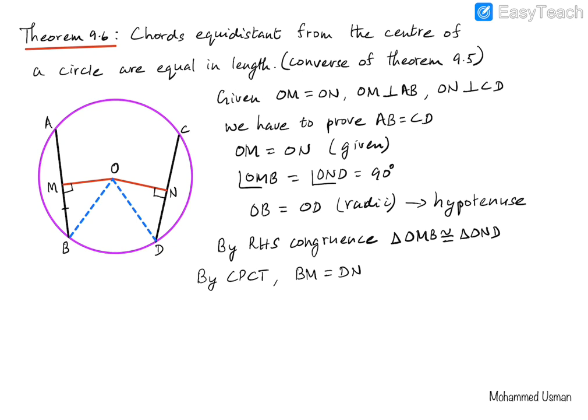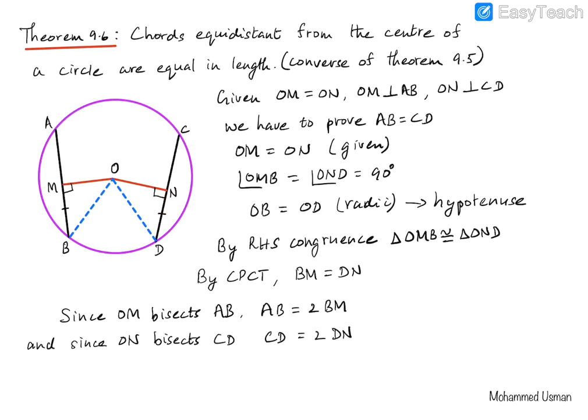We also know that since OM is perpendicular to AB, OM bisects AB, so AB is 2 times BM, since OM bisects the chord AB. Similarly, since ON bisects the chord CD, CD is 2 times DN as well.